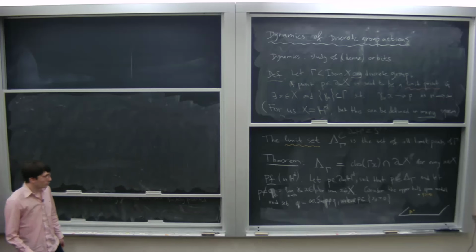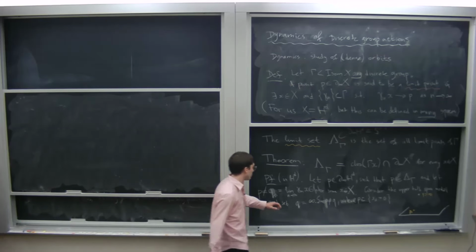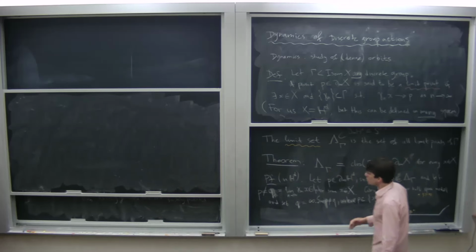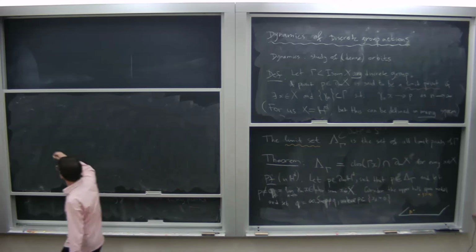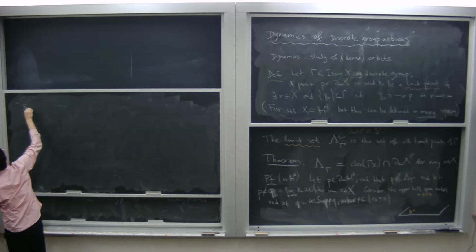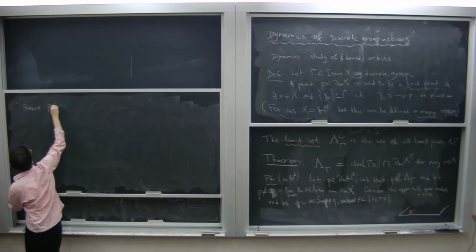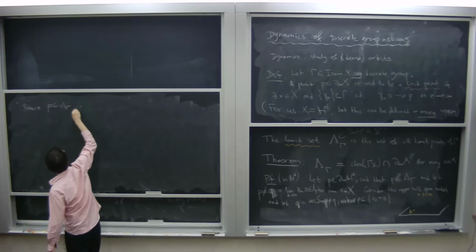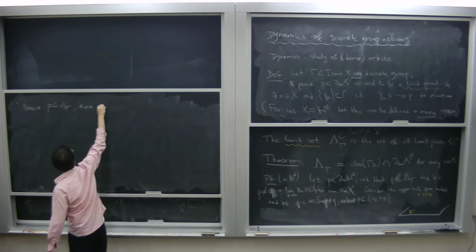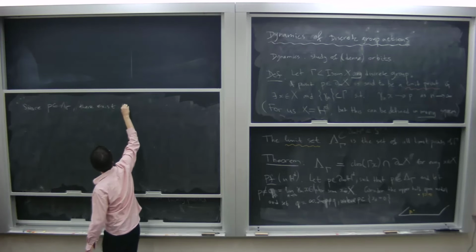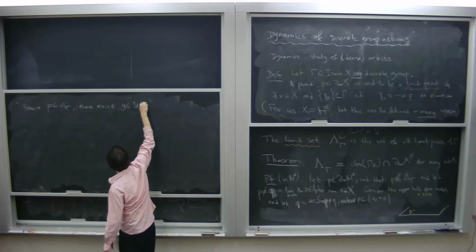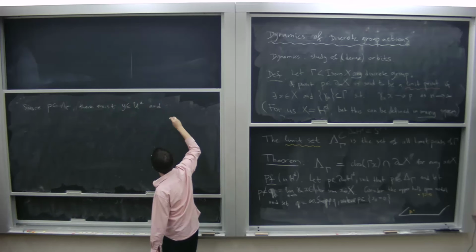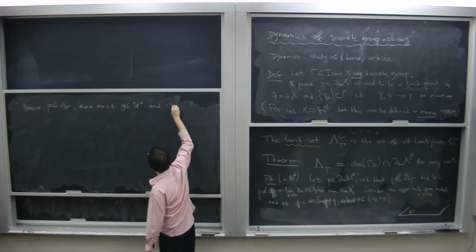Okay, now I will basically get the contradiction, since if P is the limit point, I have the following. Since P belongs to lambda gamma, there exists some point Y in U^d and a sequence of gamma_k.